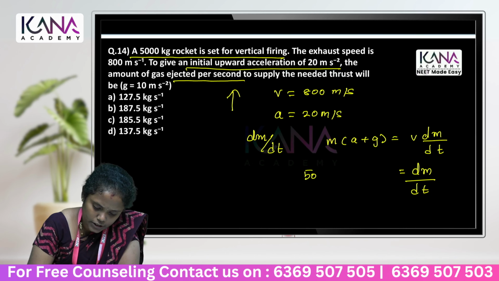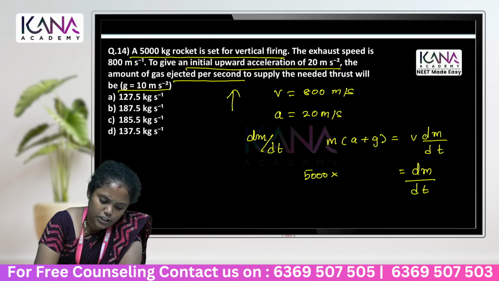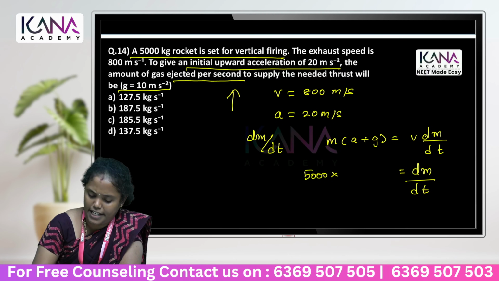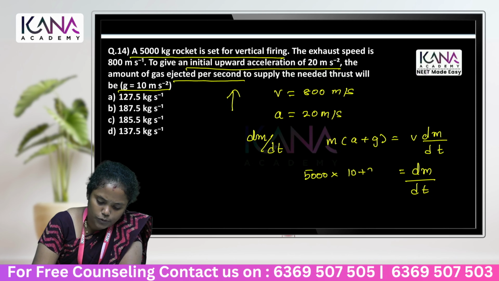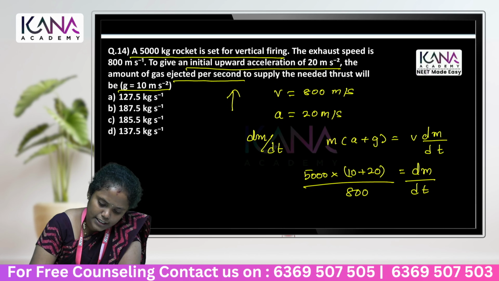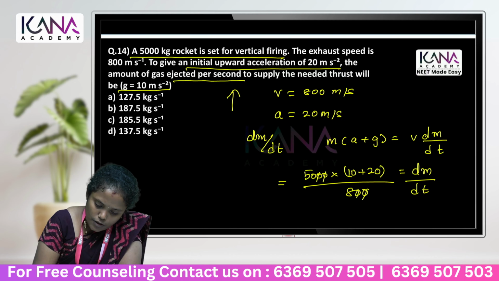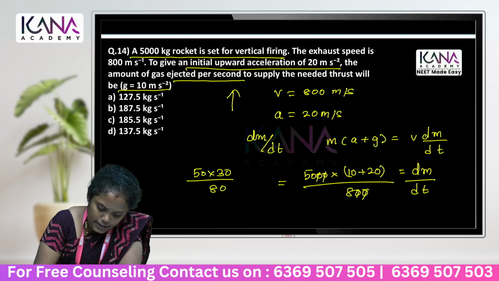It is 5000 into, g is considered to be taken as 10, 10 plus 20 divided by v is 800. 30 by 80.